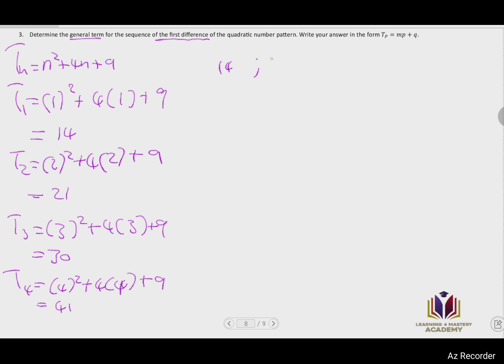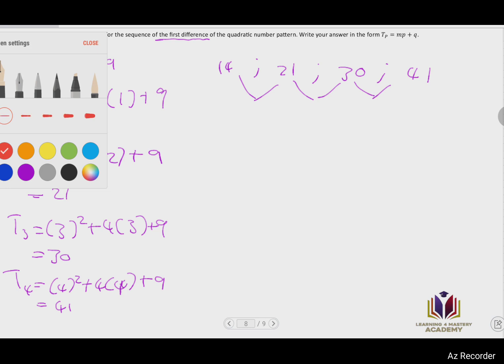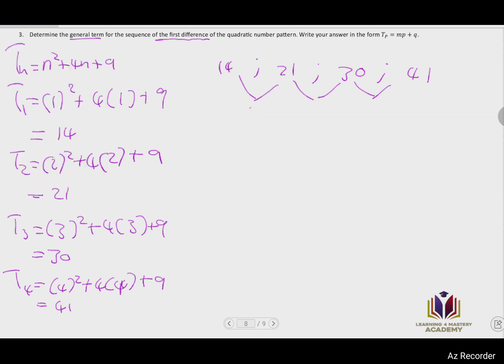Then we can put these here: 14, 21, 30, 41, right? Then we calculate the differences. This here is going to give us 7. They've already given us that the first term of the first difference is 7. If you want, you can verify it. It is 7.